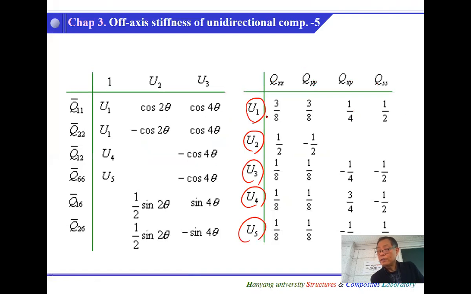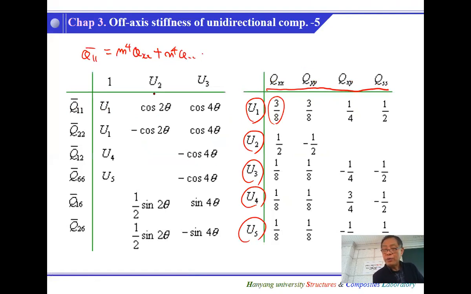And U1 is in terms of on-axis properties, 3/8 times QXX plus and so on. Remember the Q1 bar was given by the earlier expressions.